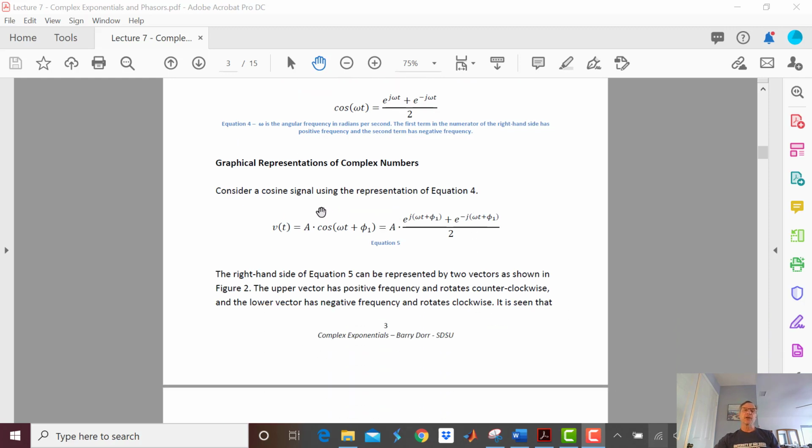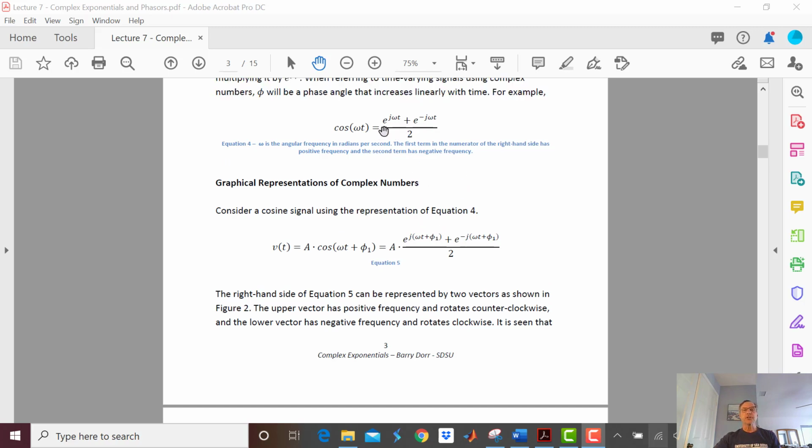So let's consider a cosine signal using the representation of this equation right here. We know that it is some amplitude A times the cosine of omega t plus, let's say, phi 1. We're all used to seeing equations like this. It's a cosine with an angular frequency omega, and it has some constant phase shift phi 1.